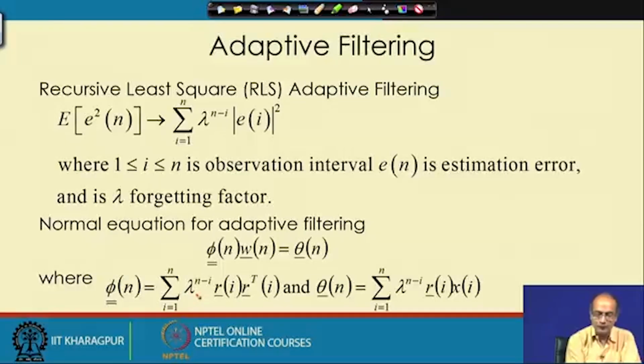When we are summing it up, we have this forgetting factor. In the same way, theta n is the cross-correlation between the vector of the reference input and the observed present value, and the last n minus 1 values also, and again a forgetting factor comes into play. If it is a stationary process, in that case we can take lambda equal to 1, and then as you see it will become the same as our Wiener filter.